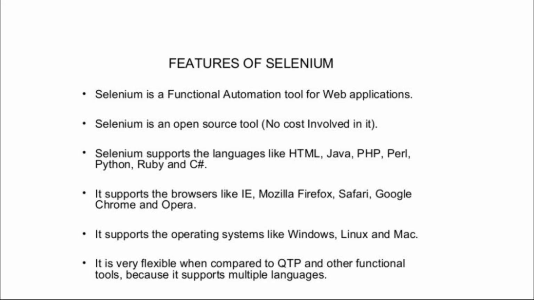Very specifically for web applications, not for thick clients, mainframe based applications or other non-web applications. That is not what we are talking about. We are talking about web applications where there is a browser and you launch the application. So Selenium is obviously one of the famous automation tools.